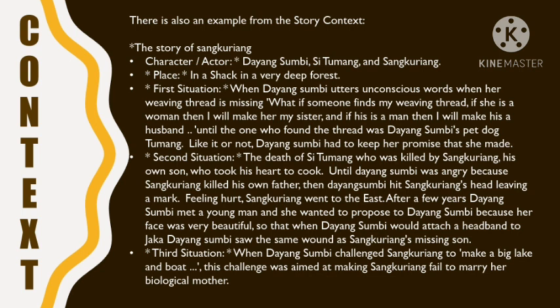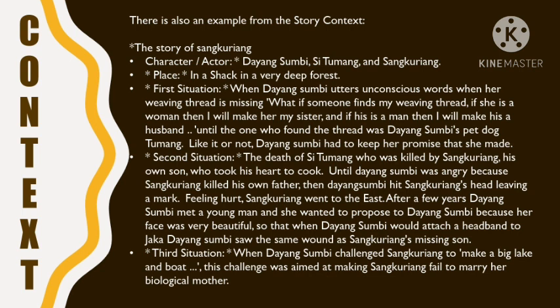Feeling hurt, Sangkuriang went to the east. After a few years, Dayang Sumbi met a young man and she wanted to propose to him because his face was very handsome. When Dayang Sumbi was about to attach a headband to the young man, she saw the same wound as Sangkuriang, her missing son.